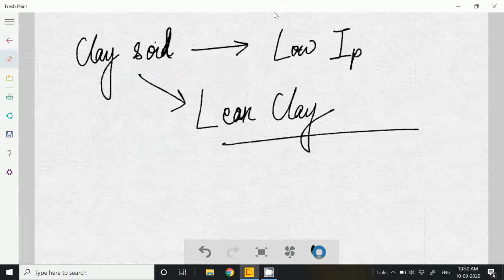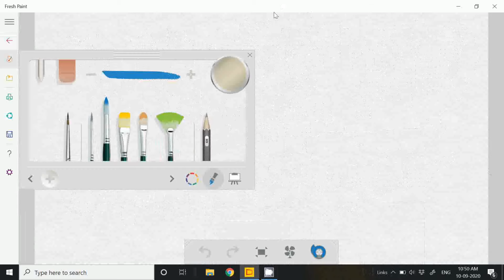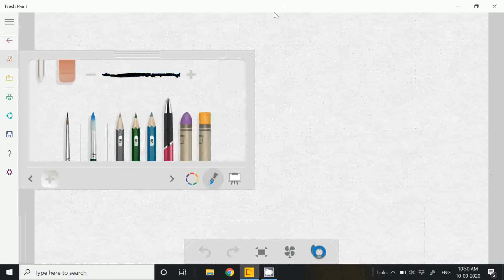Then coarse grain soil, that means like sandy soil, cannot obtain plasticity.